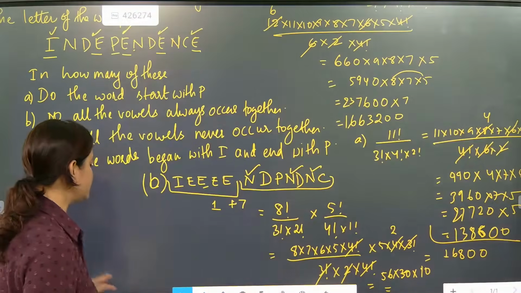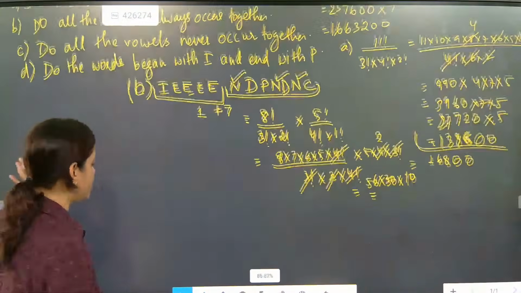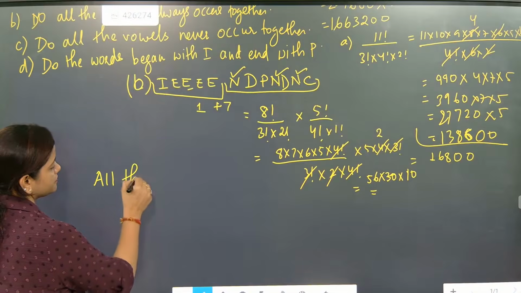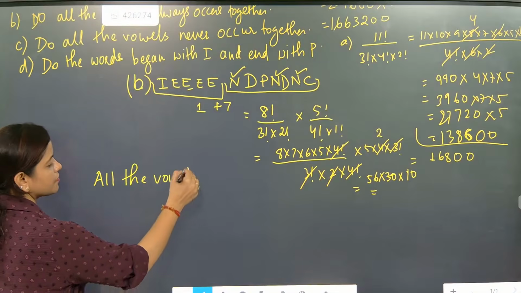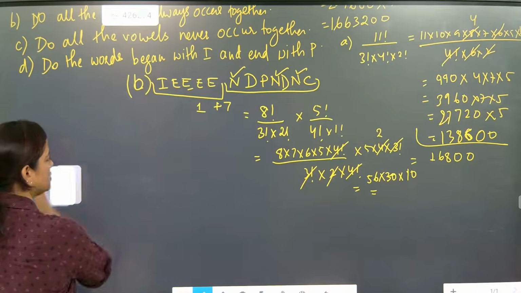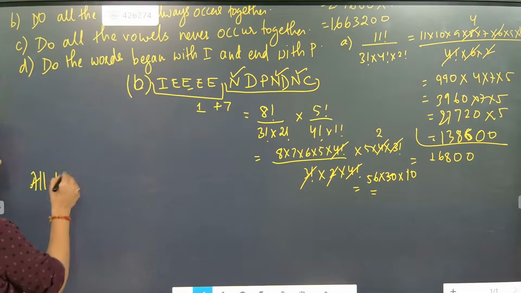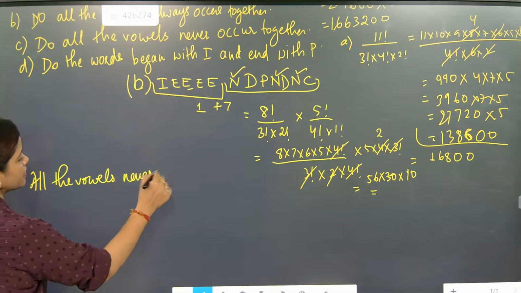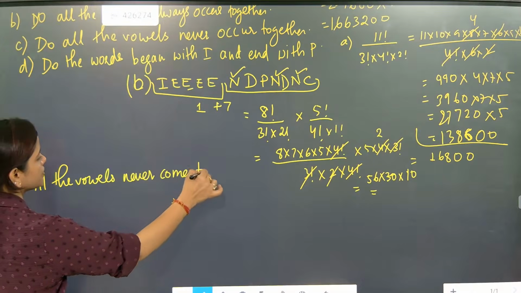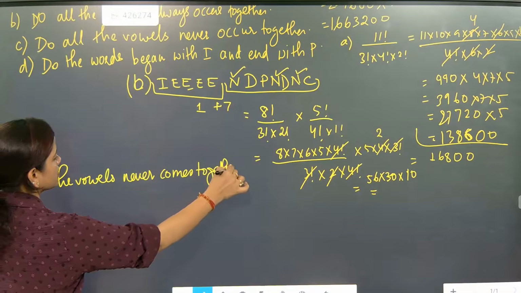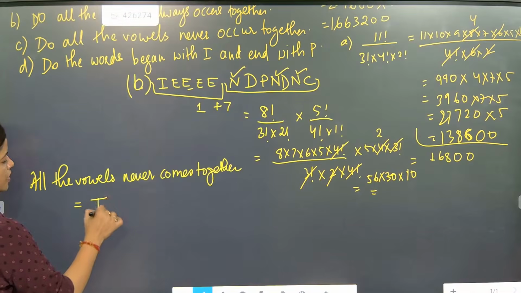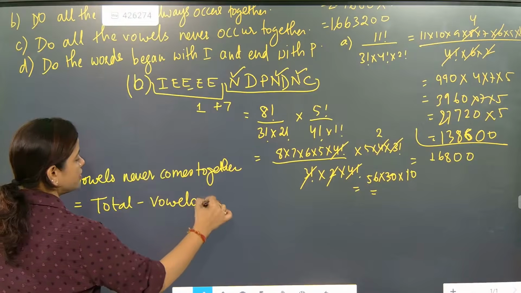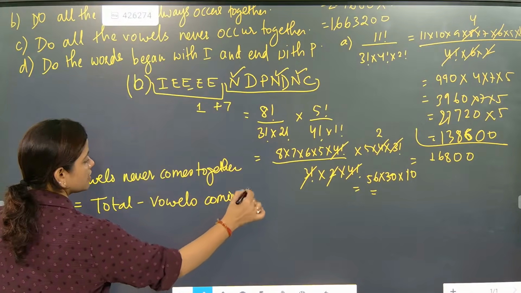Now the third part says all the vowels never come together. For that, the formula is: all the vowels never coming together equals total minus vowels coming together.